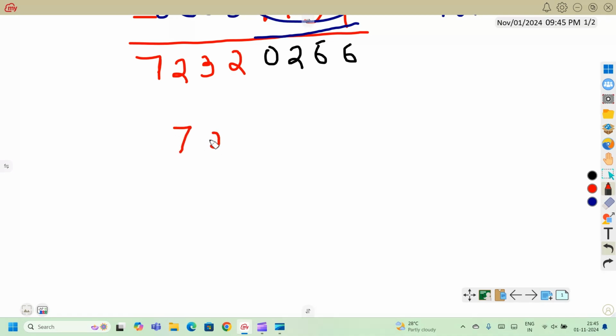Suppose I take 7,000. Let's take 290. Now, if you try to apply all from 9 and last from 10 on this one, you might say 10 minus 0 gives us 10, but you can't write 10. You can't write 10 because that's not possible.